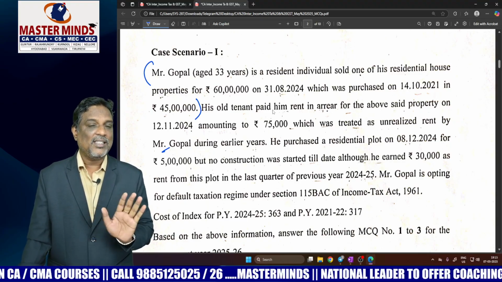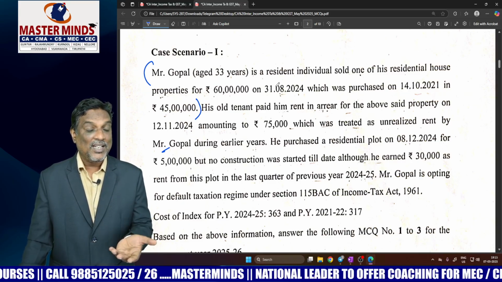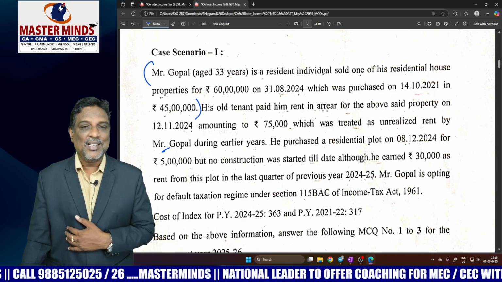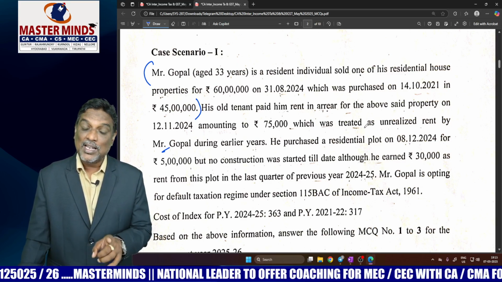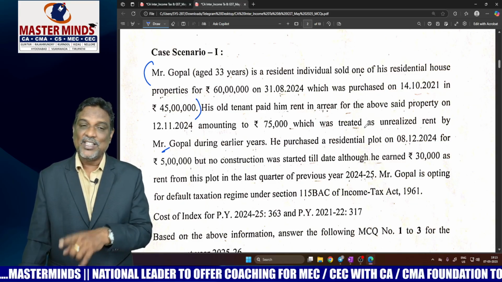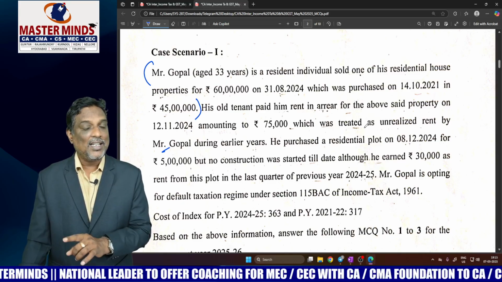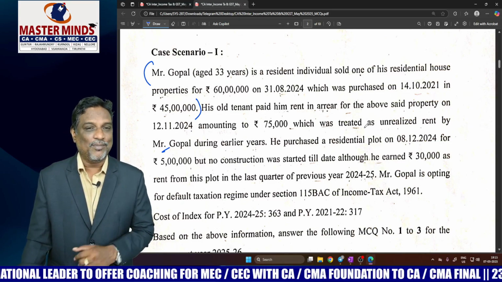If all those conditions are satisfied, the grandfathering benefit gets attracted. Please go and verify the 112 grandfathering benefit. Okay. Anyway, capital gain. You have to calculate the capital gain in 2 cases, with indexation and without indexation. Then you will select whichever is beneficial to you. That is something new in this problem.